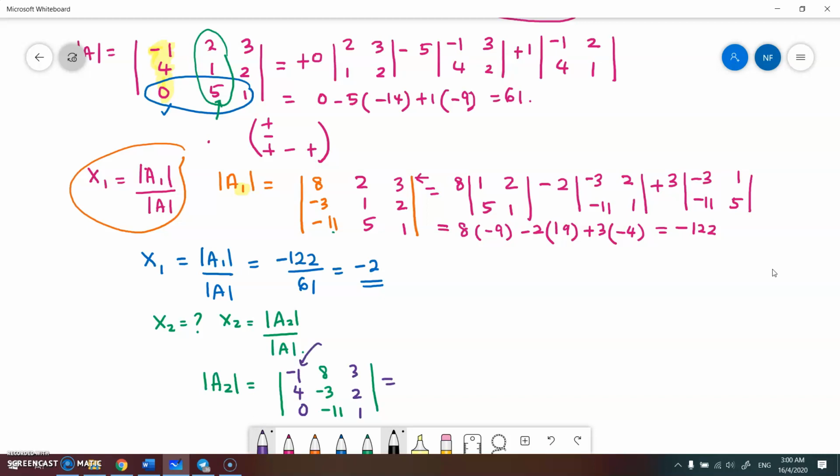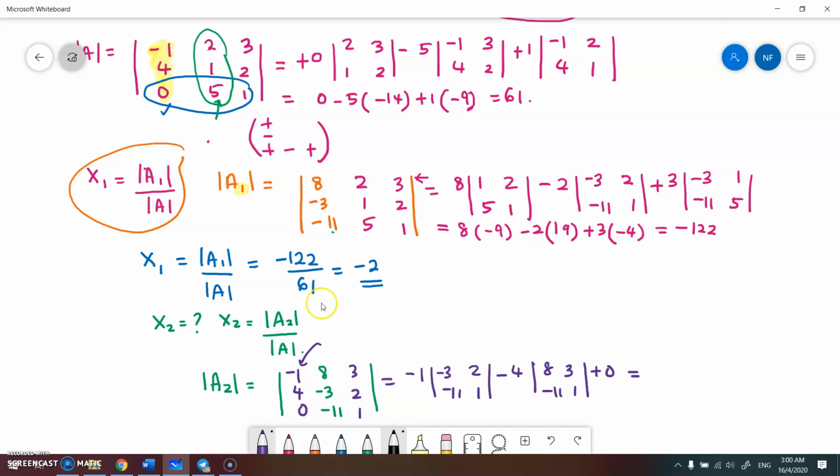Let's say I use the first column, and then I have minus 4, 8, 3, negative 11, 1. So my determinant here is equal to negative 183.